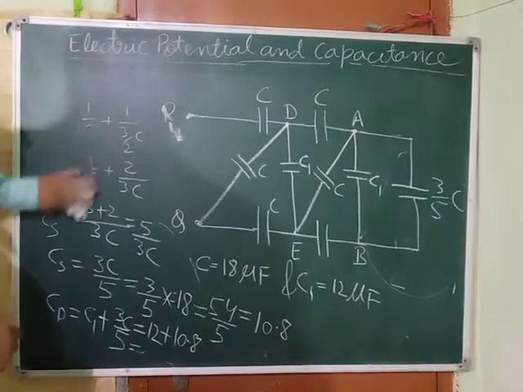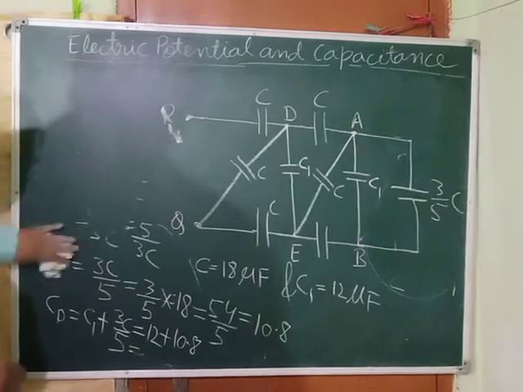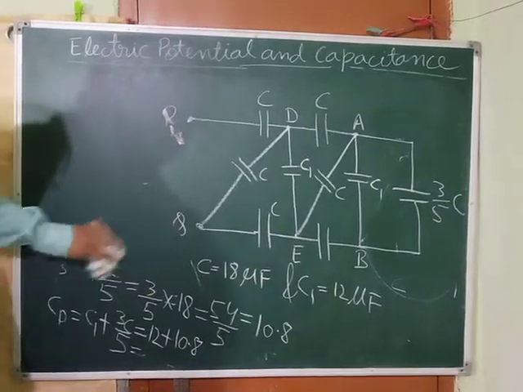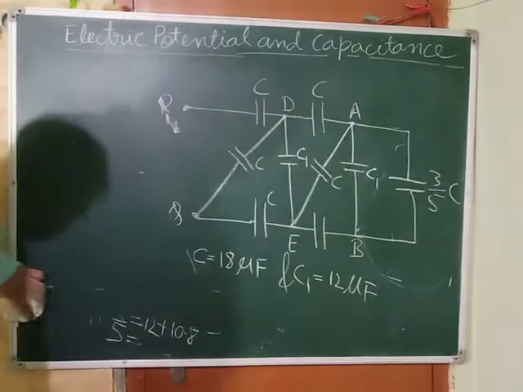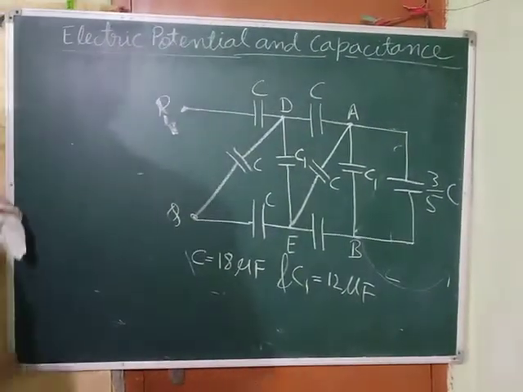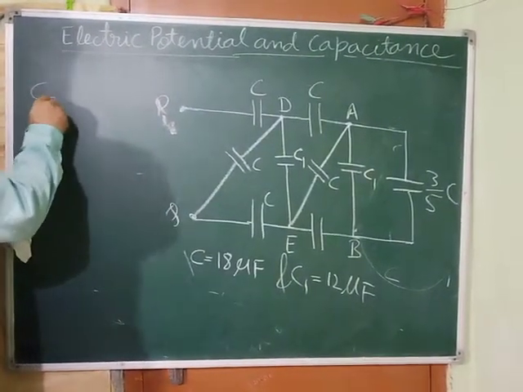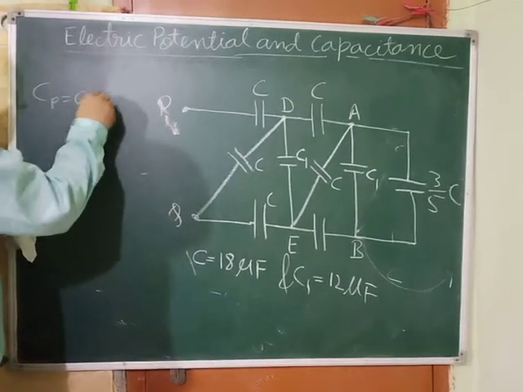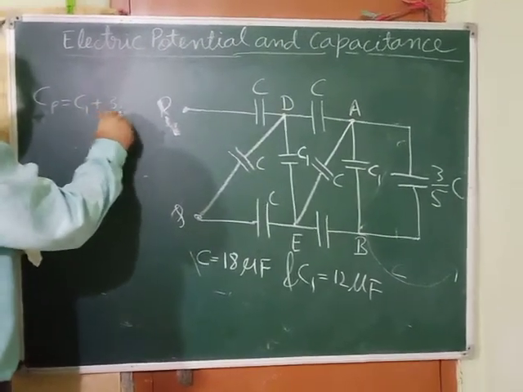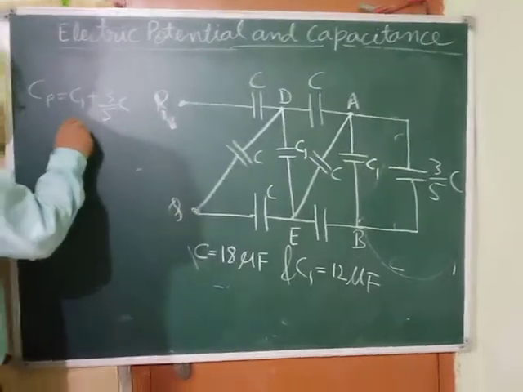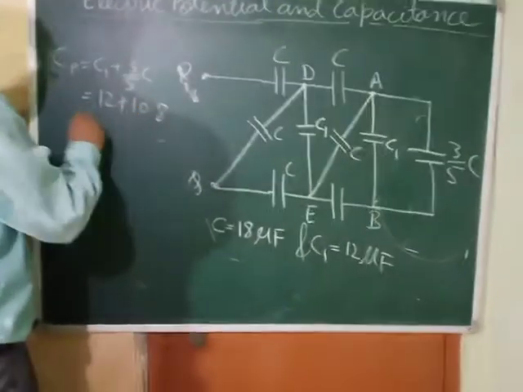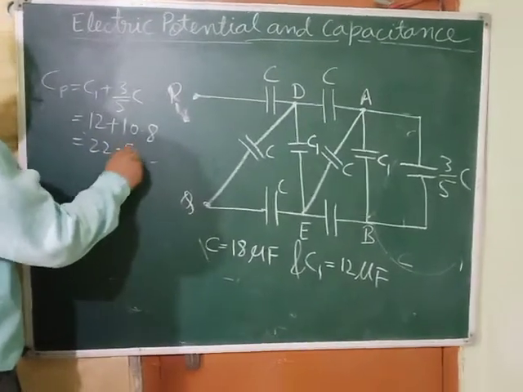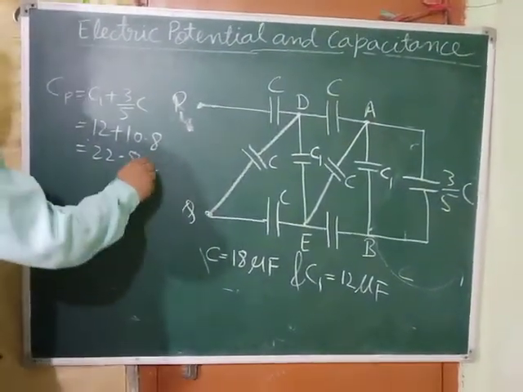I'm going to rub this. So we get CP equals C1 plus 3 by 5 C, that is 12 plus 10.8, which equals 22.8 microfarad.